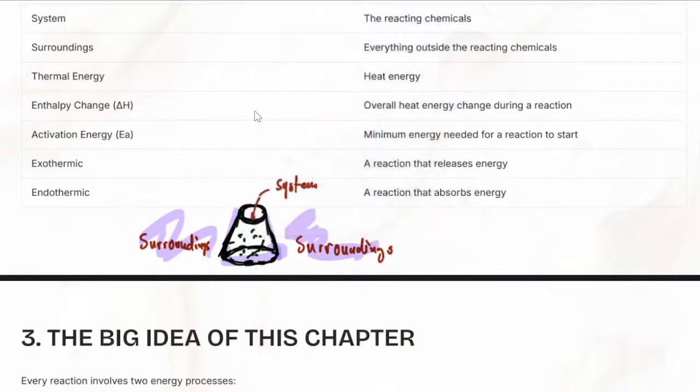So the system is the chemicals that are reacting, and everything else outside the chemicals, from the container to the air around them, is the surroundings. Everybody should know this is the most important.